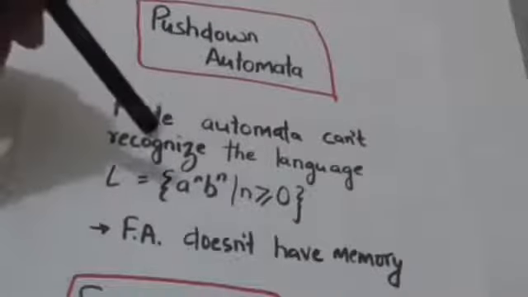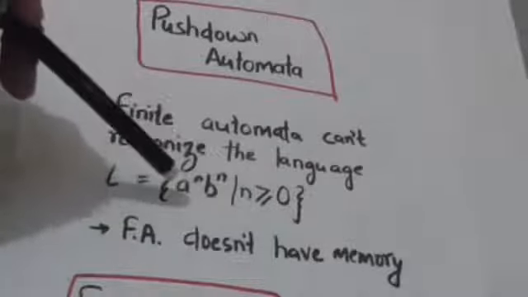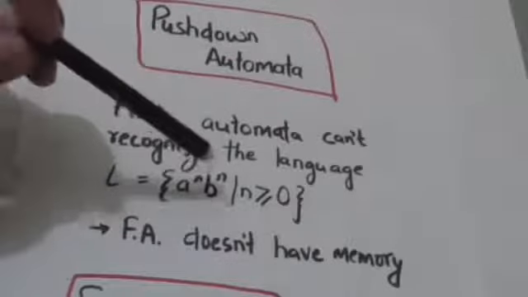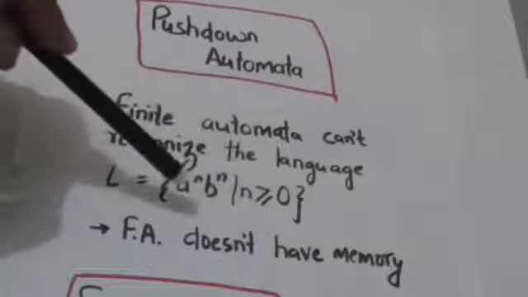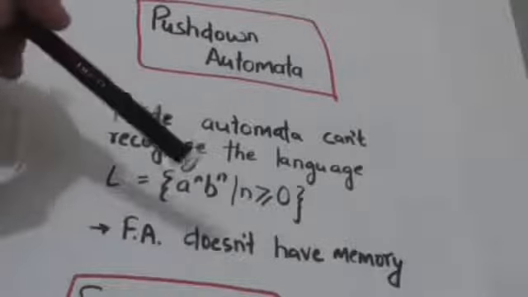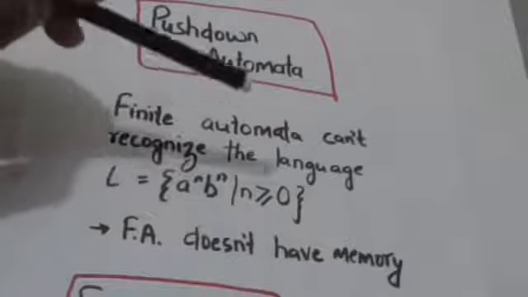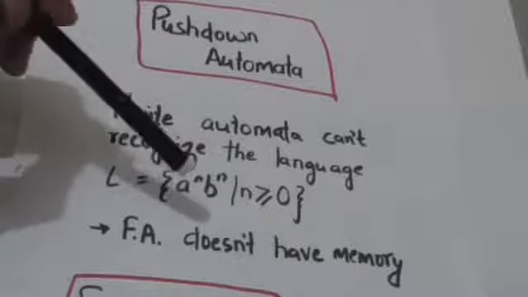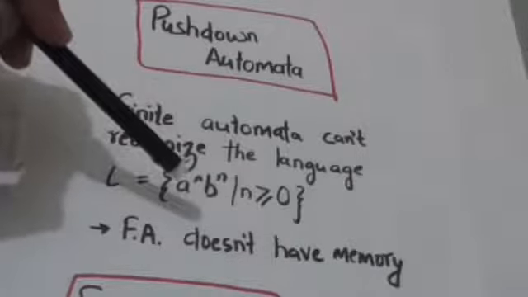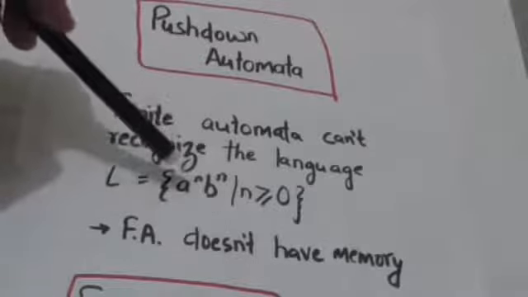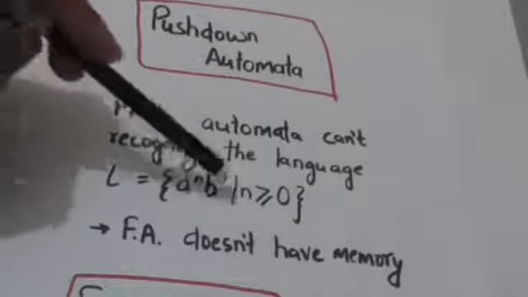Since in the strings of this language the number of A's is equal to the number of B's, finite automata needs a memory to remember how many A's it has read, right? Since finite automata doesn't have any memory, it doesn't remember how many A's it has read, so it cannot recognize this language.